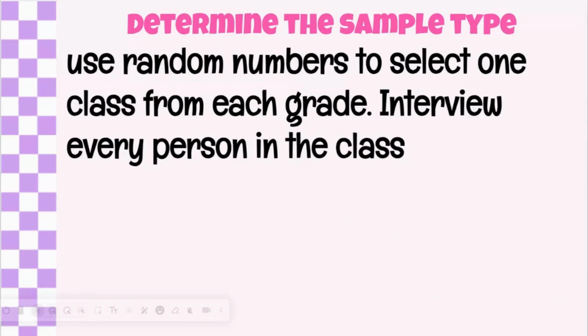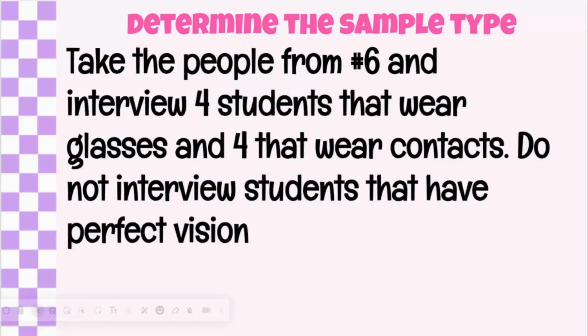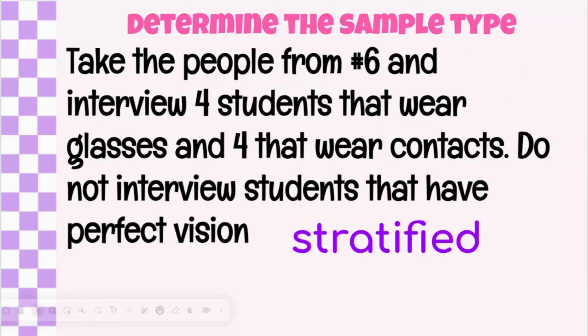Use random numbers to select one class from each grade, interview every person in the class. That's going to be a cluster. And then lastly, take the people from the last question, but then break them down and interview 4 students that wear glasses and 4 students that wear contacts. Do not interview students that have perfect vision. So this is going to be a stratified random sample.